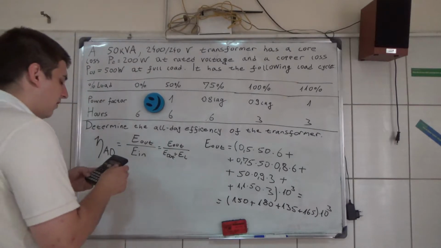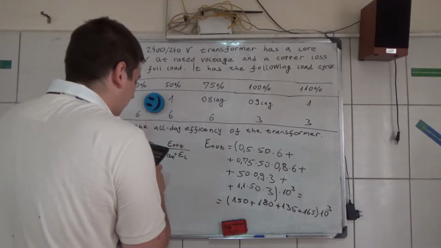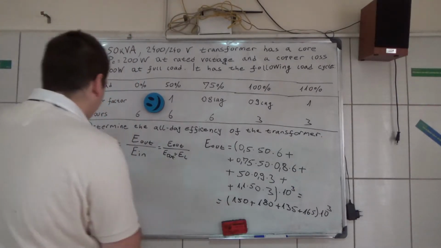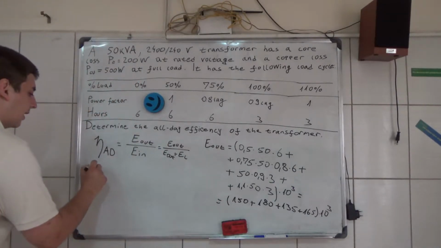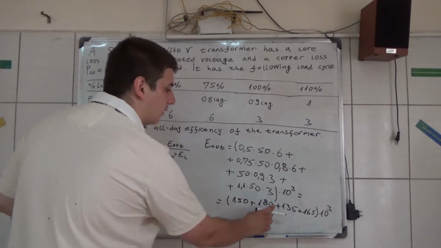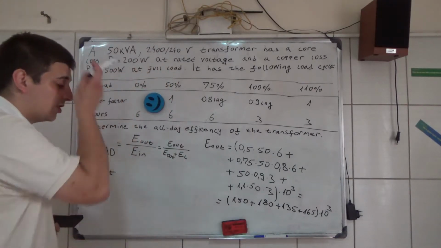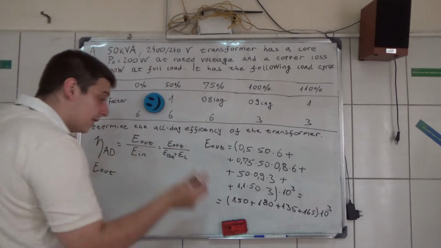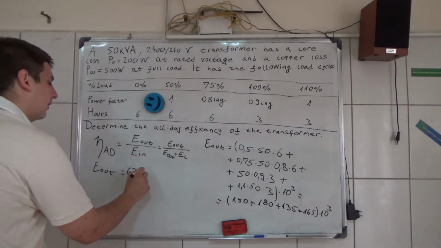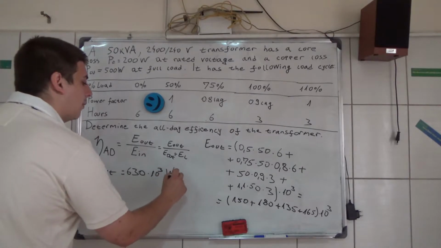Now 150 plus 180 plus 135 plus 165. In these brackets, the summation of all these numbers is 630 times 10 to the third watt hours.